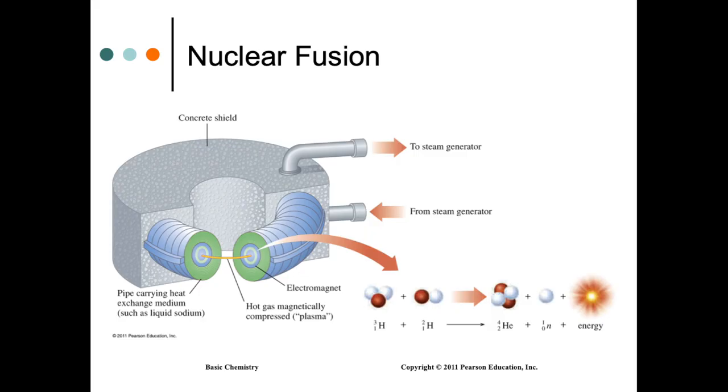Now, I mentioned earlier that one of the really useful uses of nuclear fission is for powering power plants, right? For getting electricity out of them. The downside to nuclear fission is that you're going to wind up getting byproducts. So those daughter nuclei are radioactive, but not the right kind of radioactive to help sustain our chain reaction.